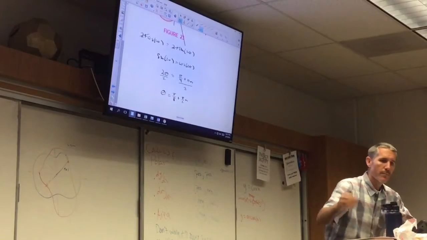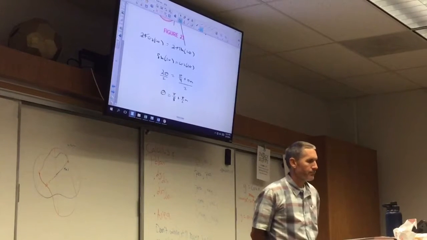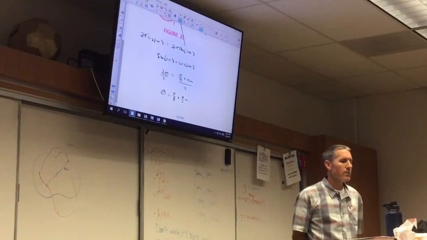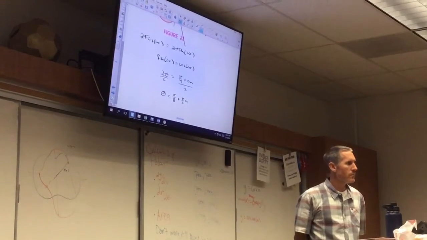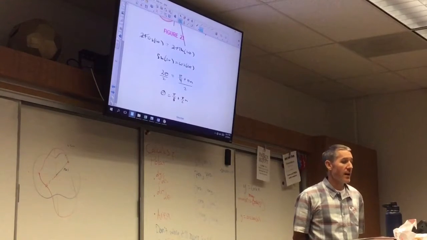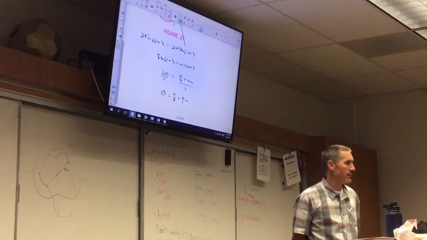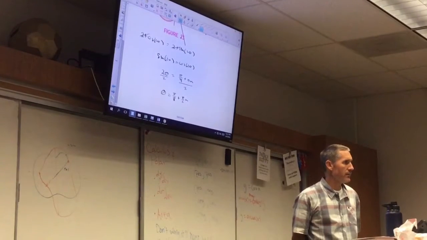Question. How do you know when to add pi and when to add 2 pi? So I know that sine and cosine are equal in quadrants 1 and 3. Do you agree with that? Mm-hmm.